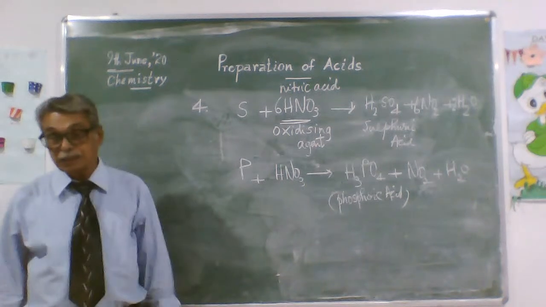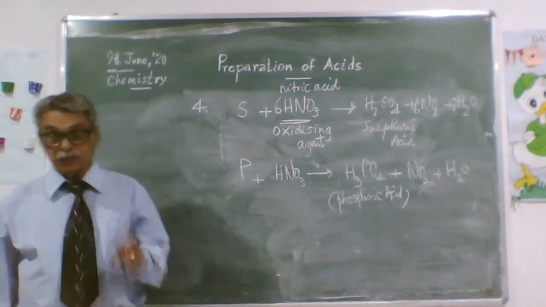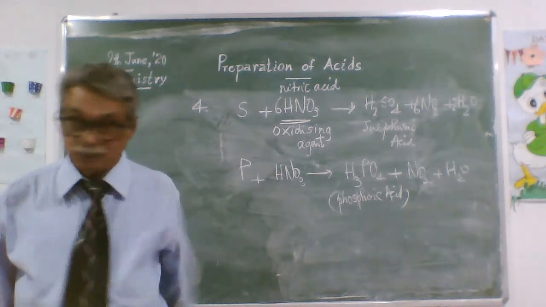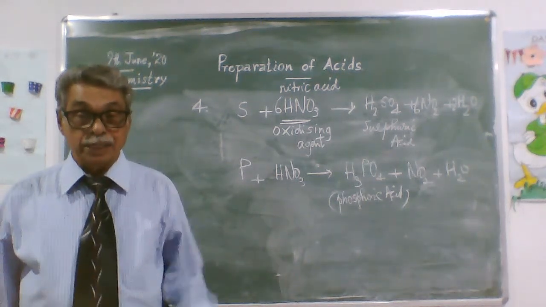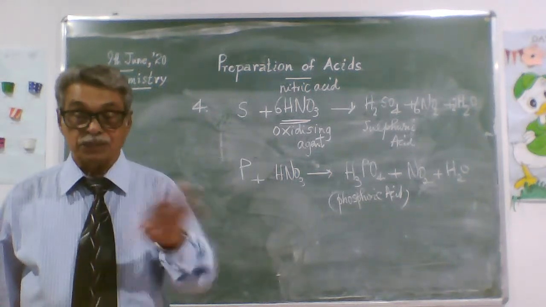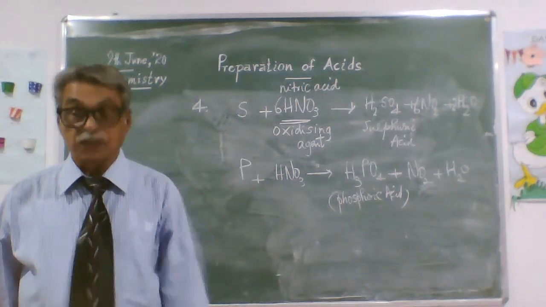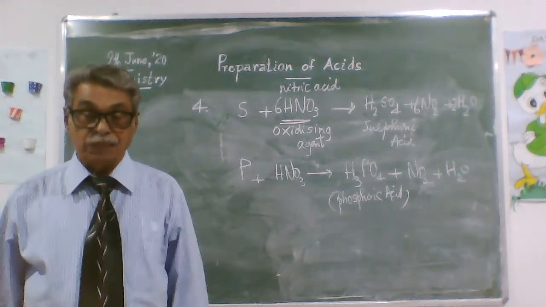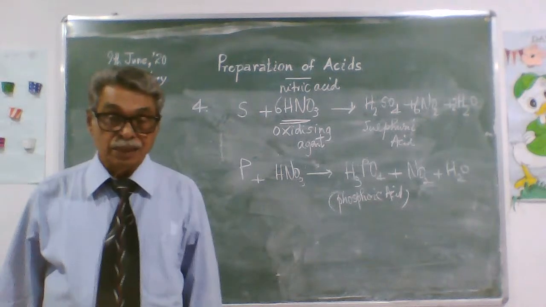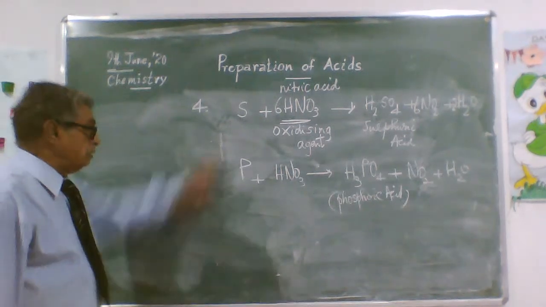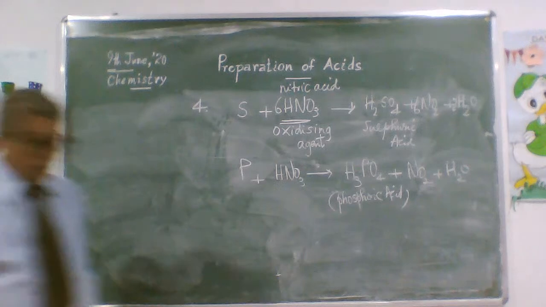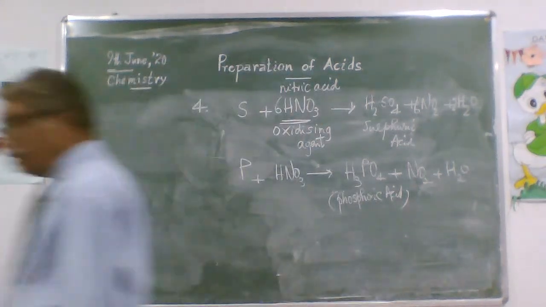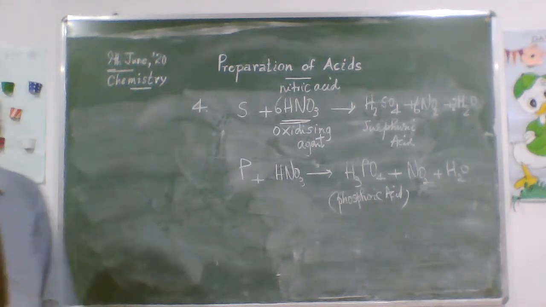The 4 methods are: number 1, direct combination of the elements, hydrogen with another non-metal. Example: S, sulfur, plus oxygen gives sulfur dioxide, dissolved in water gives sulfurous acid. That's one. The second method was by dissolving the acidic oxide or the acid anhydride in water.